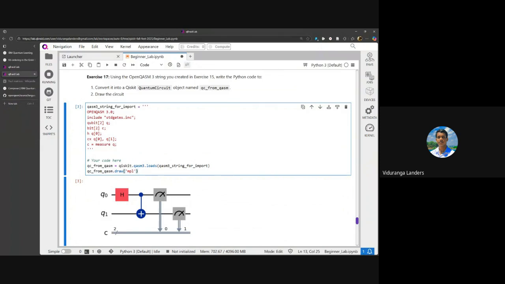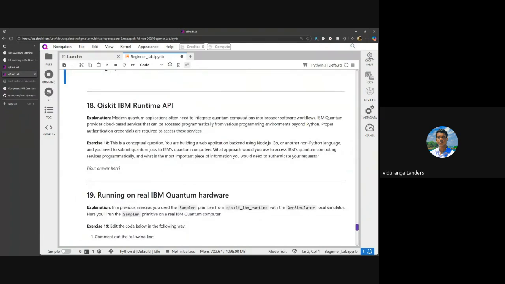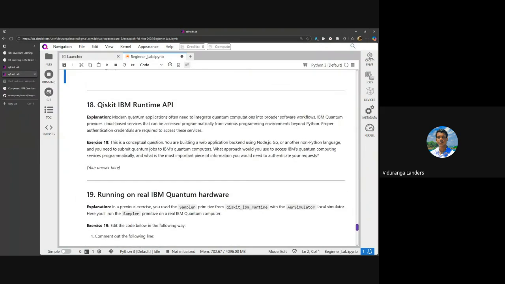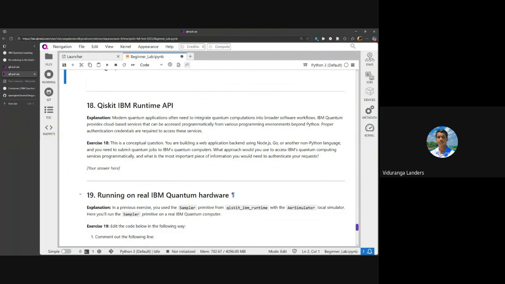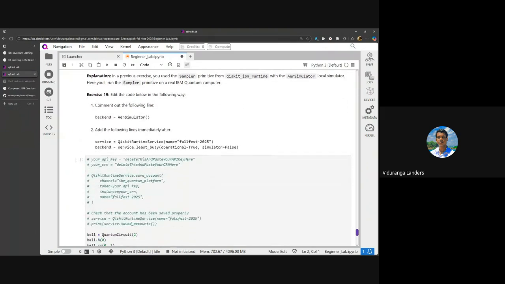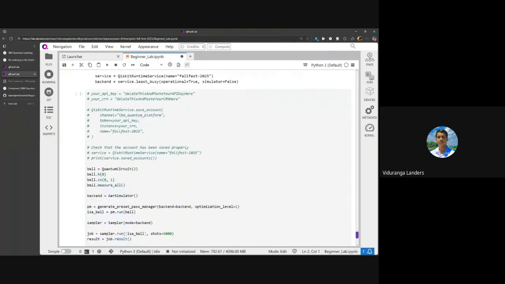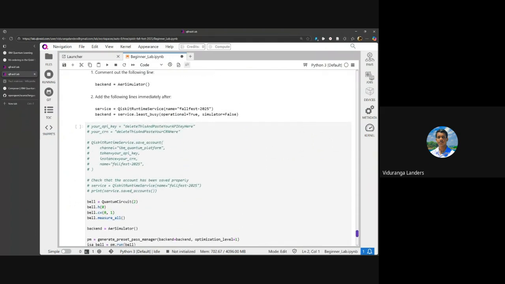I don't think at the basic level you would be coding in OpenQASM. But if you are trying to build something like a simulator or some other kind of tool, then you might have to go with this standardization. And then it talks about the IBM Runtime API and how to run this on a real device.